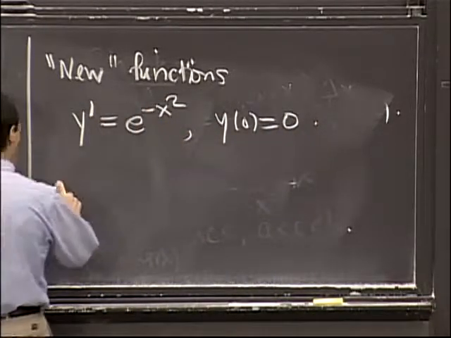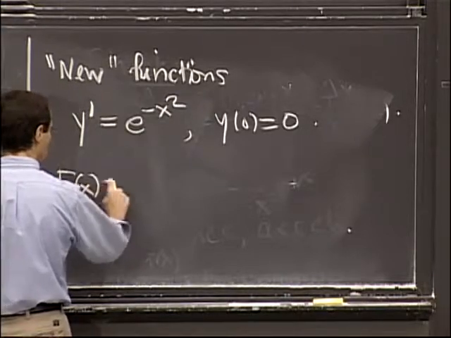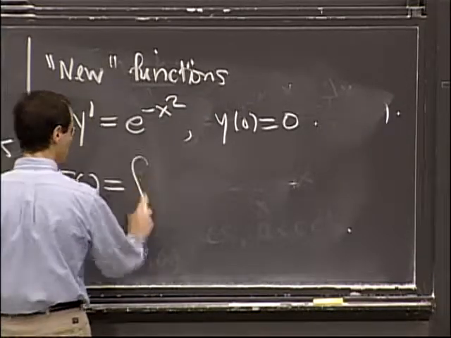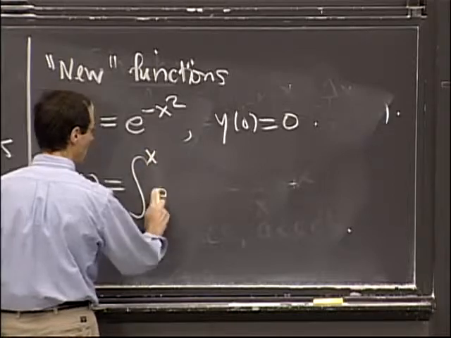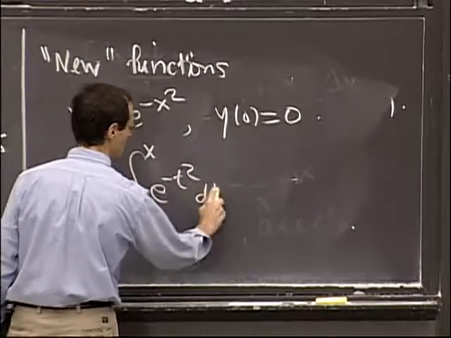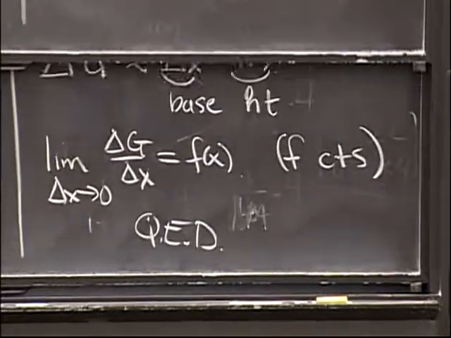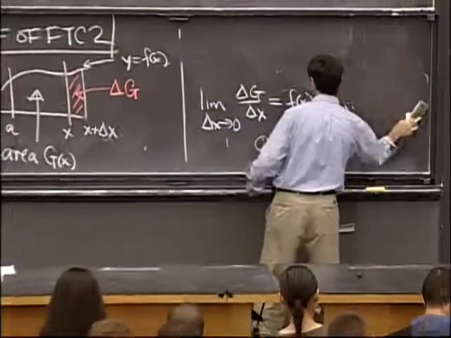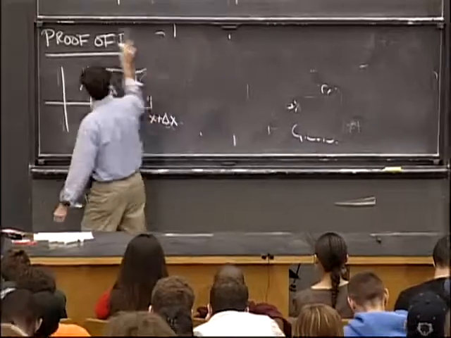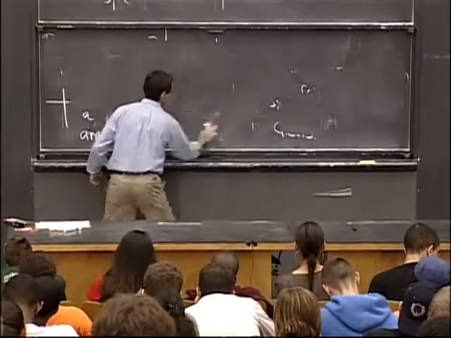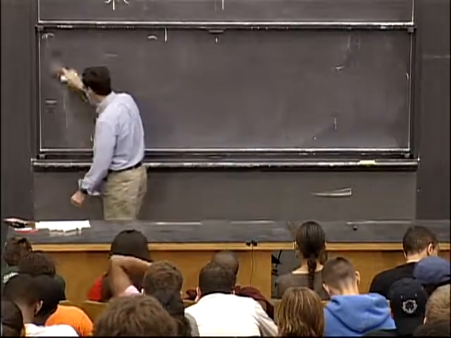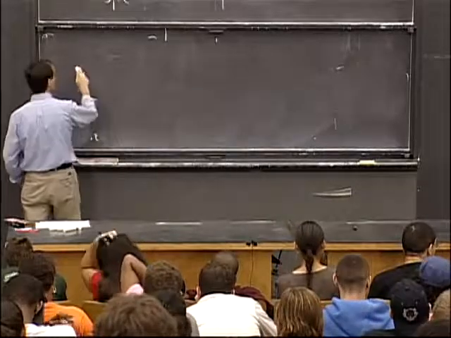Now the solution to that is a function which, again, I can write down by the fundamental theorem. It's the integral from 0 to x of e to the minus t squared dt. This is a very famous function.